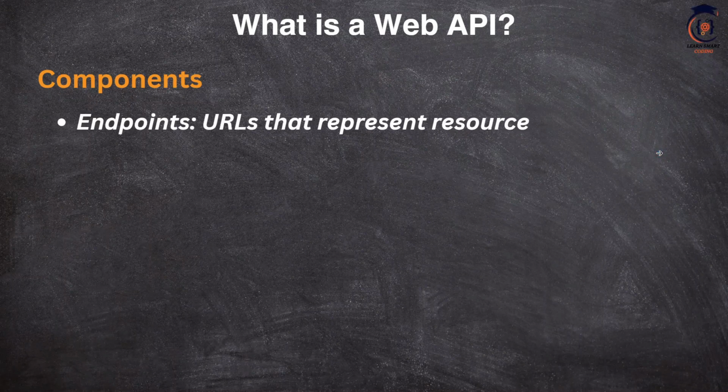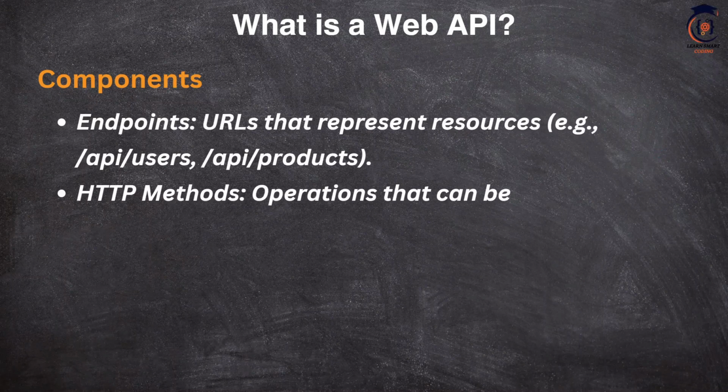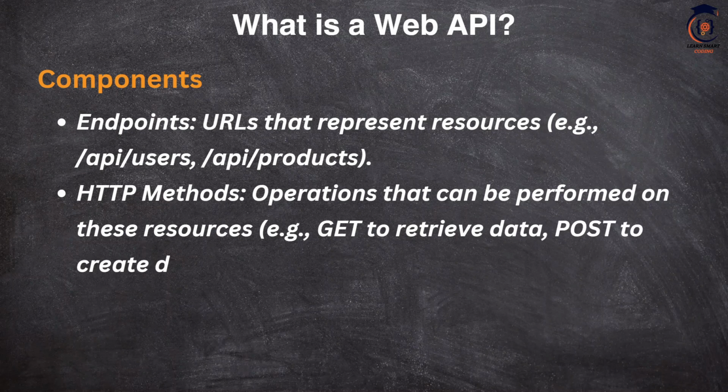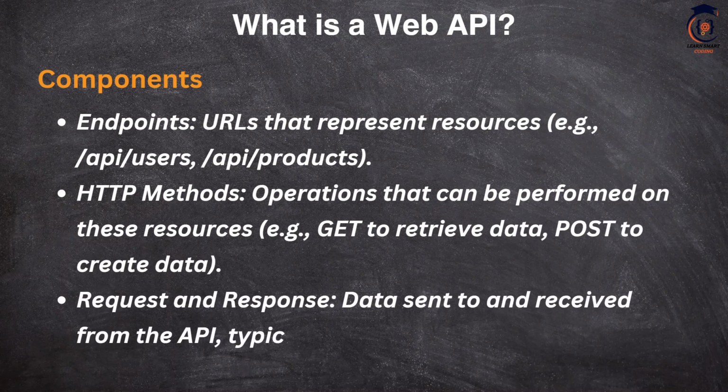All right, so what are the components? There are a couple of things. Endpoints means basically a direct URL that is unique across the web, and that URL is where your resource is present. So for example, if you want to get some product, it's going to be some domain name, for example learnsmartcoding.com/API/products.